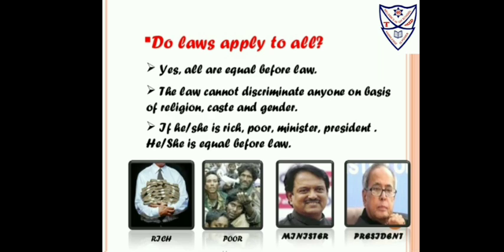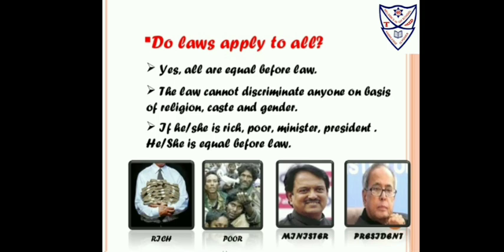The most important among all rules was that all the citizens of India were equal. Law does not discriminate between different citizens on the basis of their caste, religion, or gender. The rule of law means that no citizen is above the law, and all these laws apply equally to every Indian citizen.